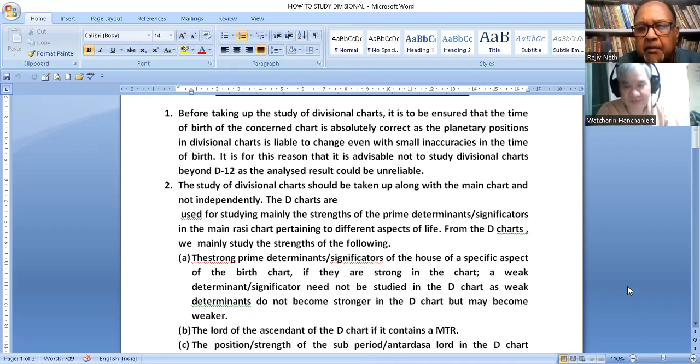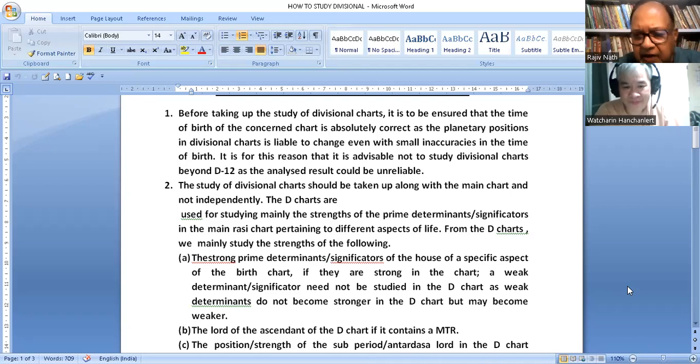But before making any predictions, we have to see that particular prime determinant, say it is Venus, Lord of the seventh house.